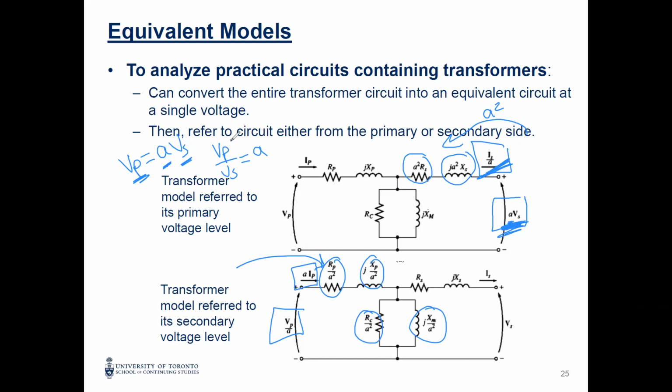Similarly, if you want to move from primary to secondary, V secondary equals VP over A, so you divide by A. The current will be the opposite. So you can refer from primary to secondary, secondary to primary. The two circuits we call the equivalent circuit, or equivalent model of the transformer.